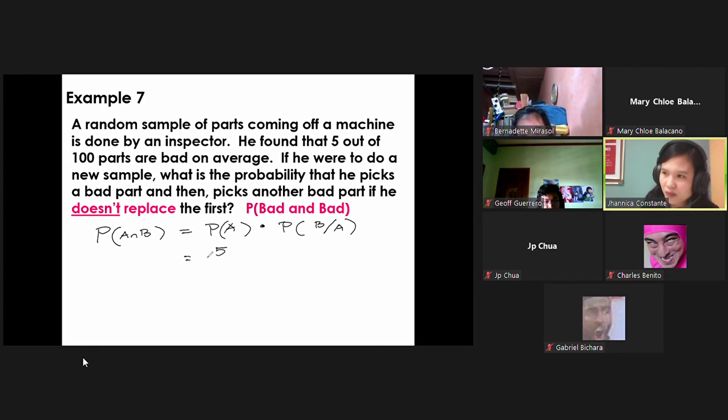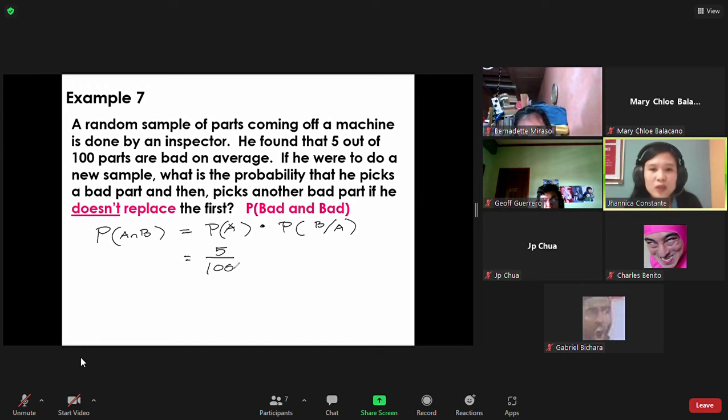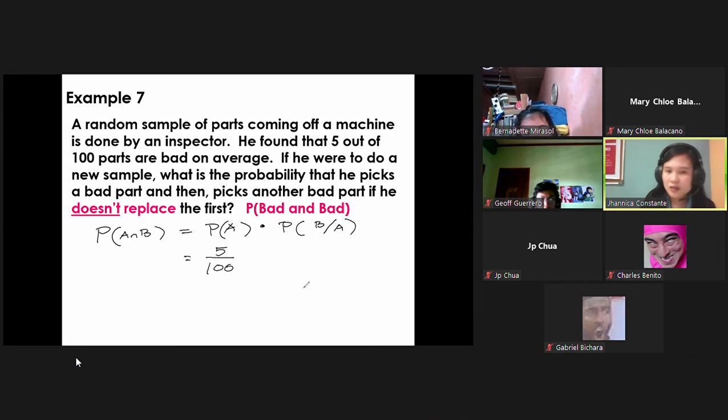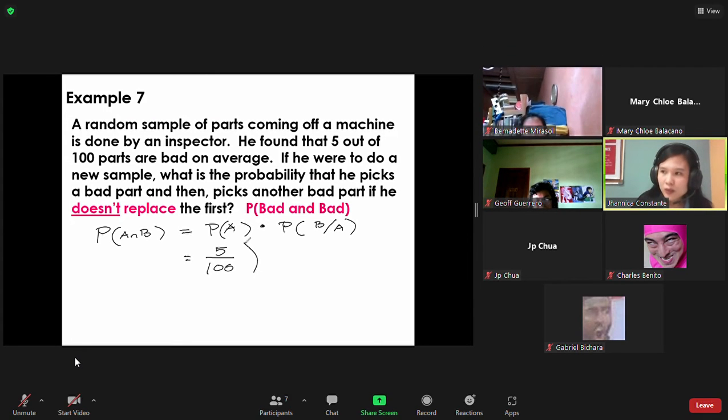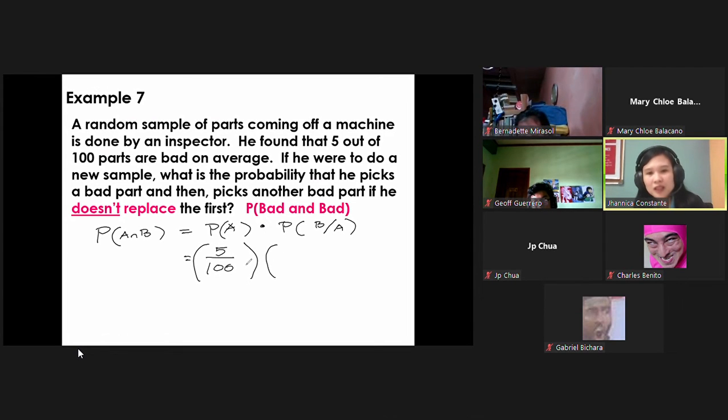So that is the first probability that we are going to have in our event, since that is the only given stated in the problem, 5 out of 100 parts. Multiplied to the second probability, or the probability of our second event. What is the probability of the second event, that you will get a bad or a defective part from the machine?